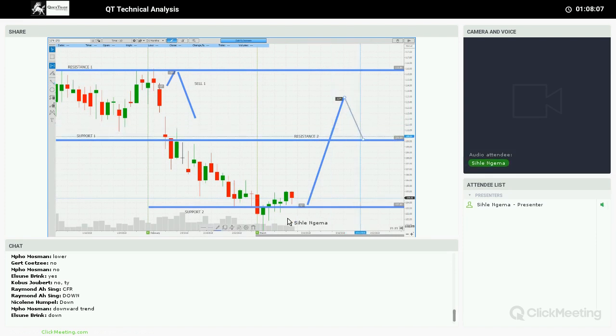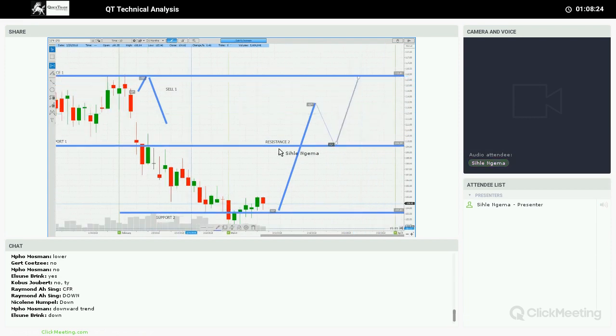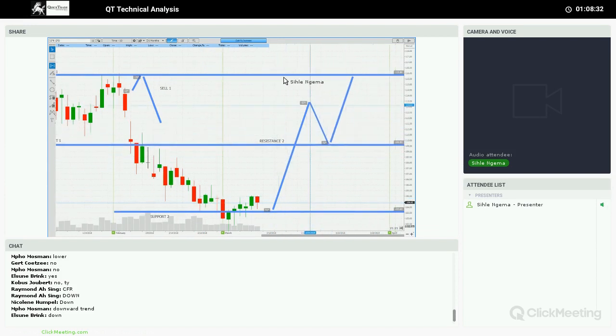That means that now by going up, if this support 1 holds the share here and the share continues in an upward direction from this, so a movement of this nature now, let me make the lines bold. I'll show you what I mean. So if a movement of this nature comes in future, that means our supports and resistances are going to change.